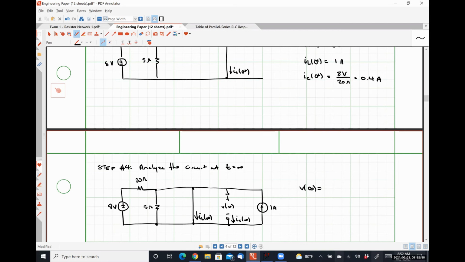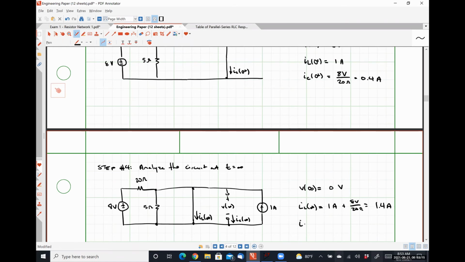So, Ms. Broussard, what is my voltage at t is equal to infinity? 0 volts. All right. What is my inductor current at t is equal to infinity? Right, so there's going to be a contribution of 1 amp coming from the right and a contribution of 8 volts over 20 ohms coming from the left, giving me a total current of 1.4 amps.